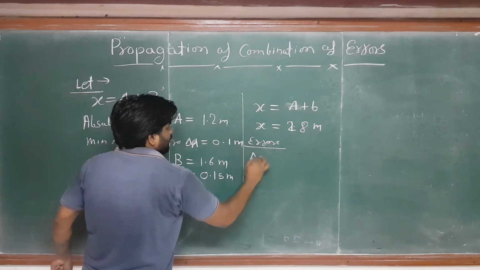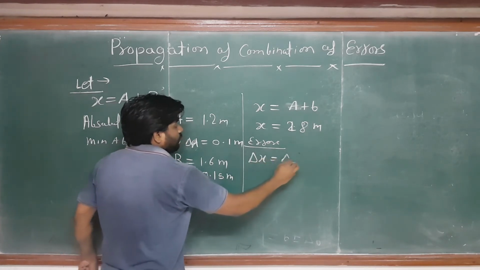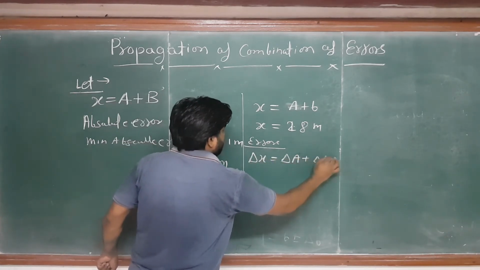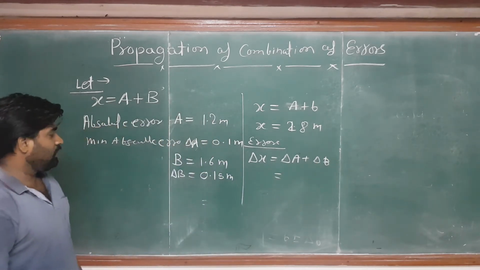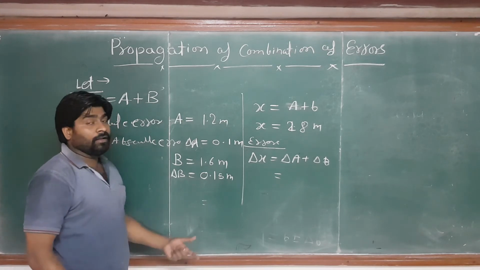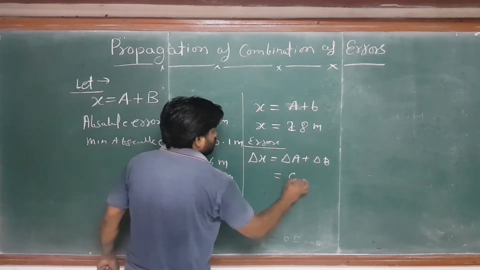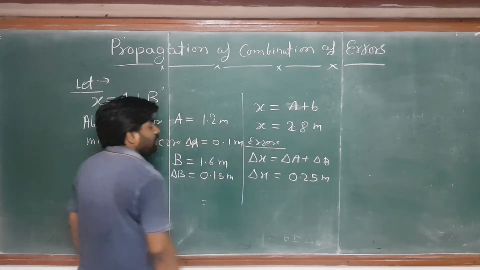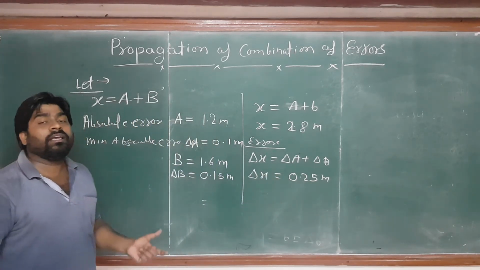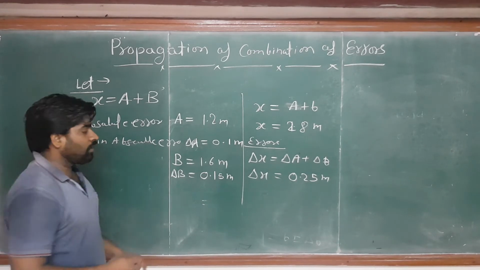See, del x is equal to, as I told you, del a plus del b, and del a is 0.1 and del b is 0.15. Then adding, it is 0.25 meter. It can be positive and it can be negative. So the final result of x you will write in this manner.